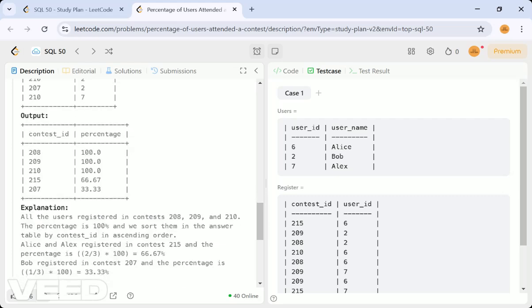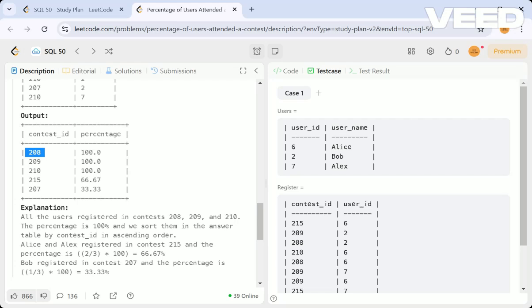All users registered in the contest, and these are the only registered contests we have, so the percentage is 100%. We have to sort the answer table by contest ID in ascending order. In contest 215, two users registered for this particular contest.